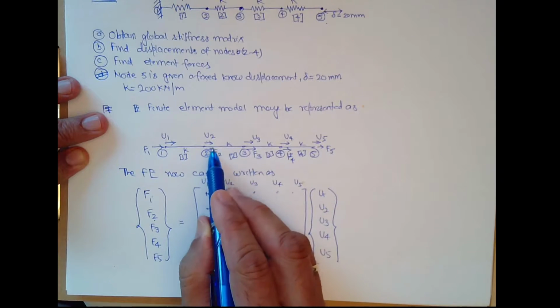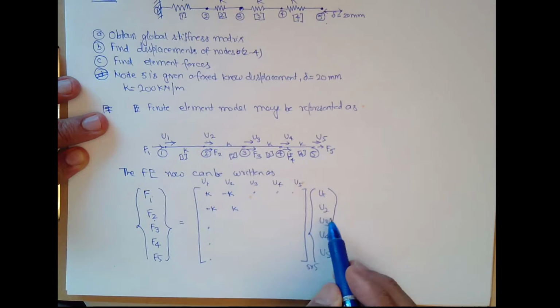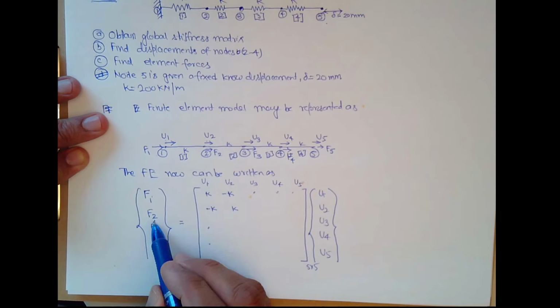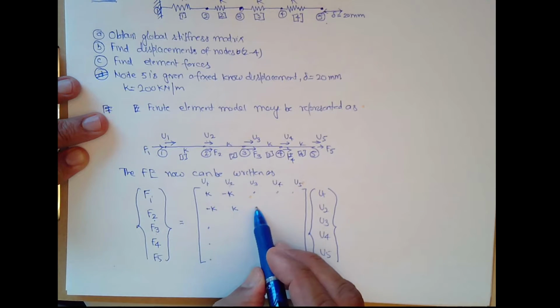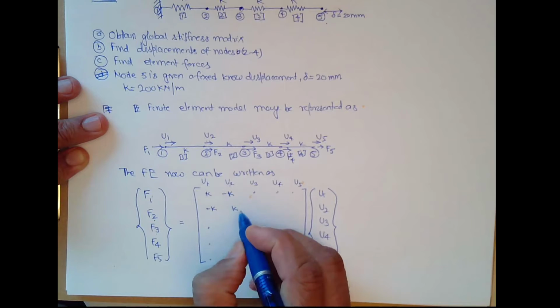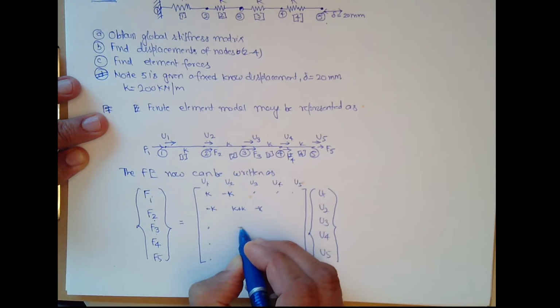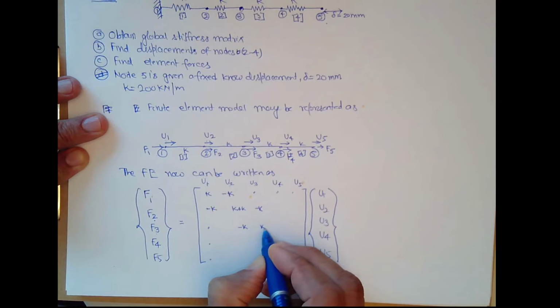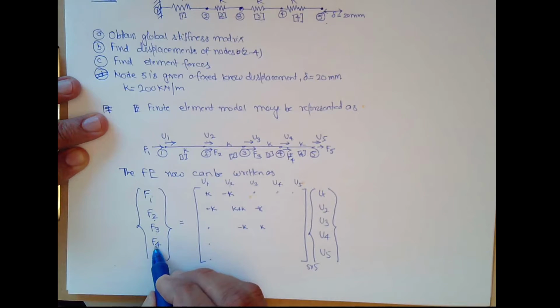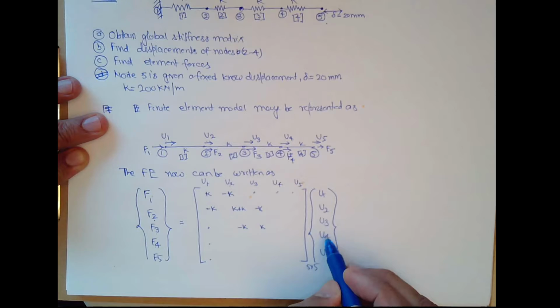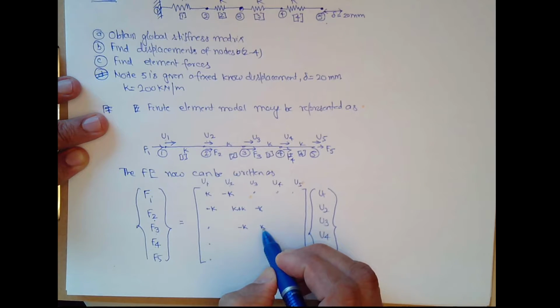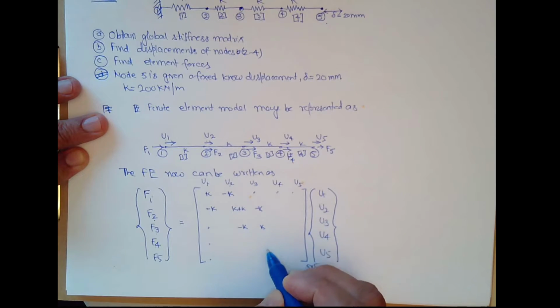Now F2 and F3 connect to U2 and U3. So this position will be here, another K, minus K, minus K, K. F3 and F4 will connect to U3 and U4, so it is connecting 3, 4, 3, 4 here.